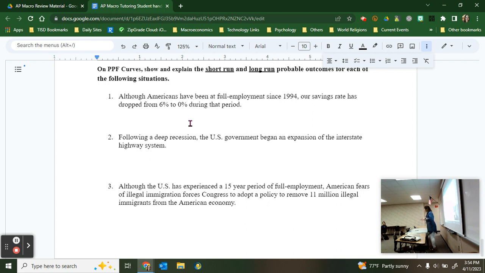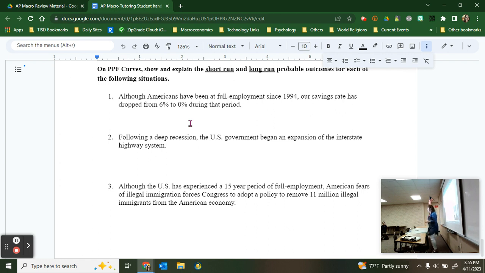That does not mean more people, that just means more employment. So in the short run, more jobs because highways require people to work on them is going to be from point A to point B because there's more employment for highway work, for highway repair or whatever. It's putting people back to work.